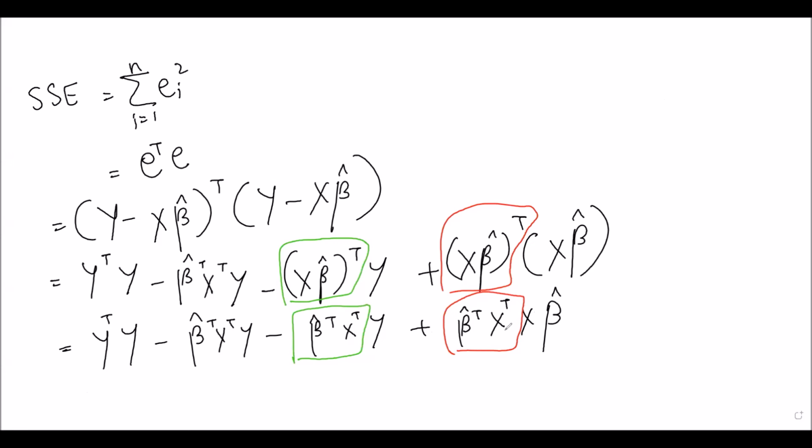Although this is workable from this step itself, it's better to simplify. So when we look at this, we know that beta hat can be written in terms of this quantity, and there's an inverse coming, so it cancels out, right? So we can write this way.